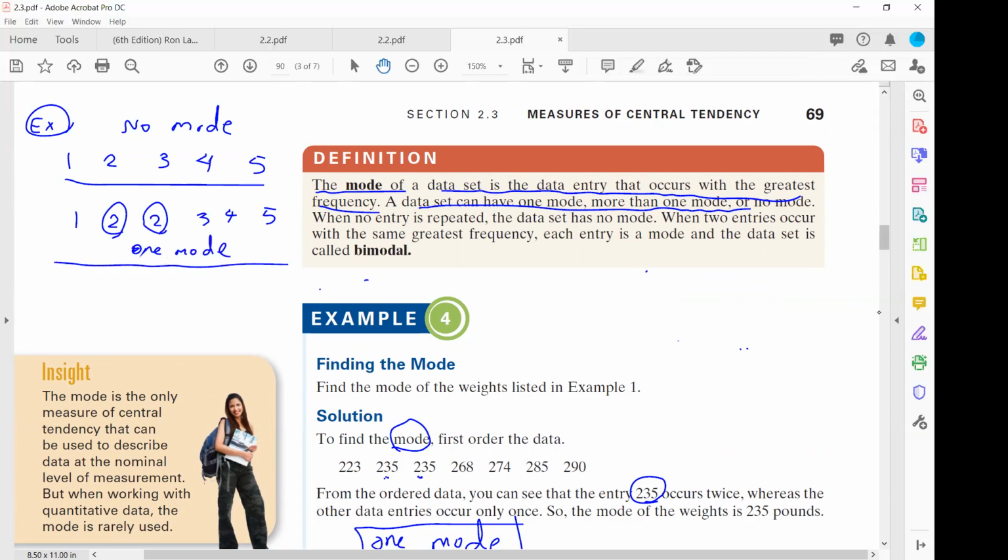Take a look at this example. 1, 2, 2, 3, 3, 4, 5. Very well. As you can see, 2 is repeated twice. You also see 3 is repeated twice as well. So here you have a bimodal set.